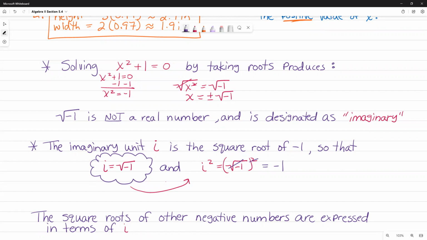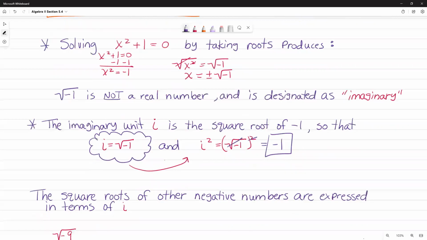I feel like it's 1. No, it's not. Okay. So that's just something to consider. So i equals the square root of negative 1, which means that i squared equals negative 1. That will get really important when we move on to the next section and talk about complex numbers. So that means for every i squared, you have a negative 1.